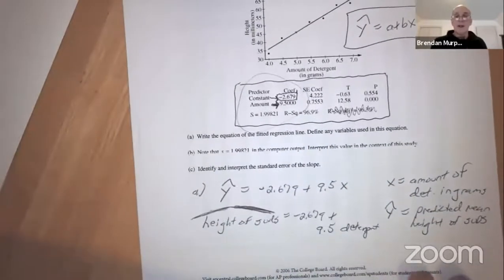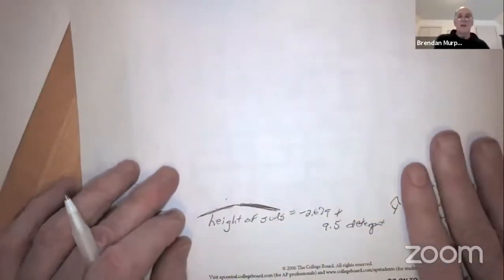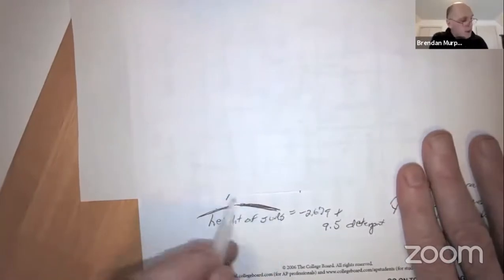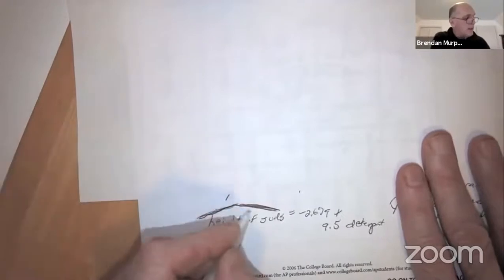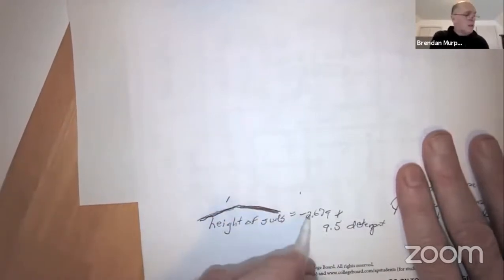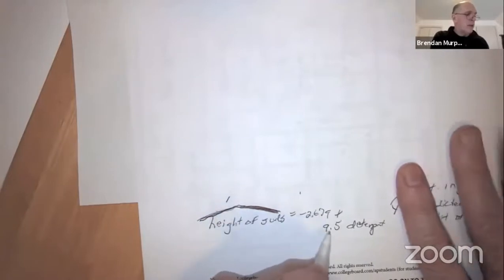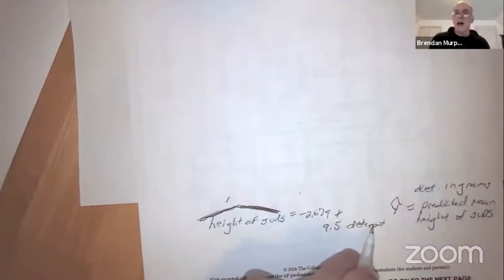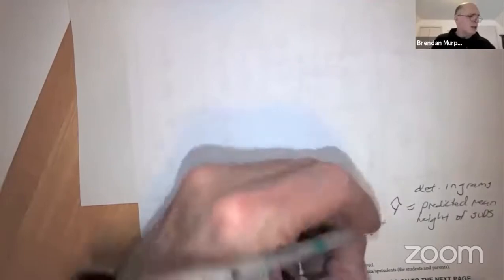Others of you, your teachers or your textbooks, may have you write it, I guess, sort of in words. And so here you can see I have height of suds, and I have this huge hat over it, and you can see I didn't do a very good job of drawing in my hat there, equals negative 2.679 plus 9.5 detergent, or detergent in grams, or something like that.